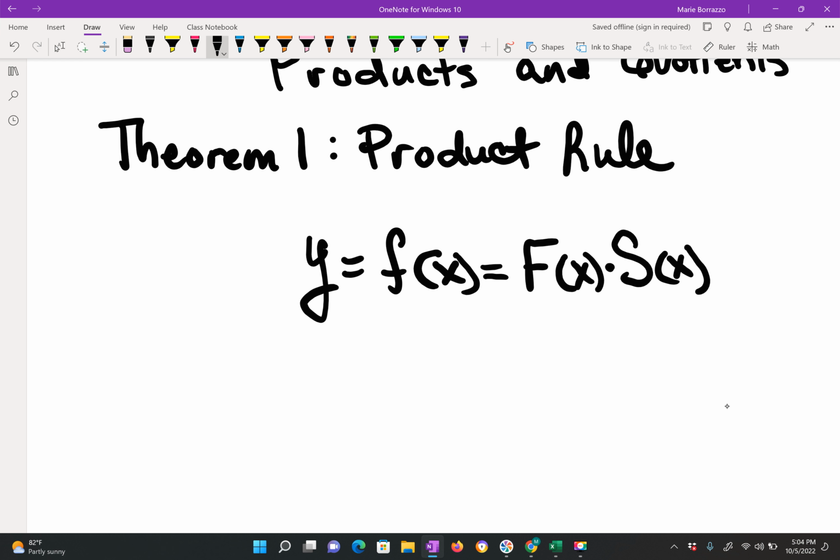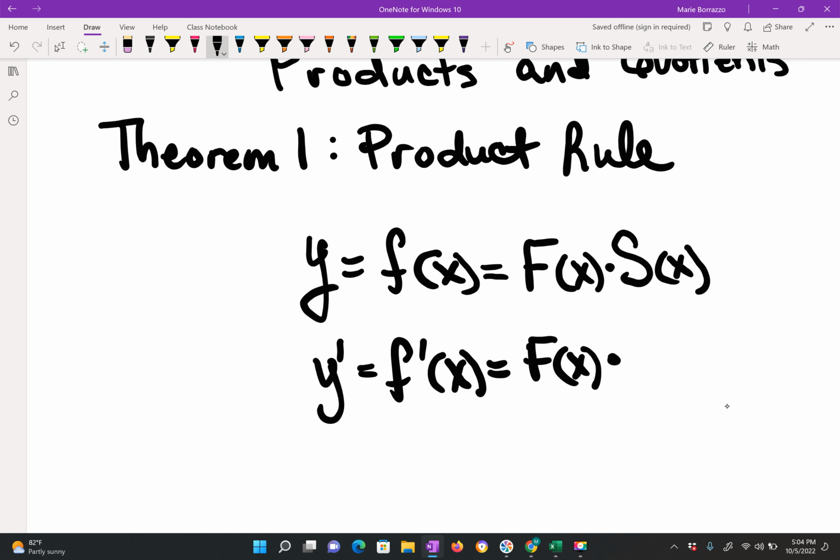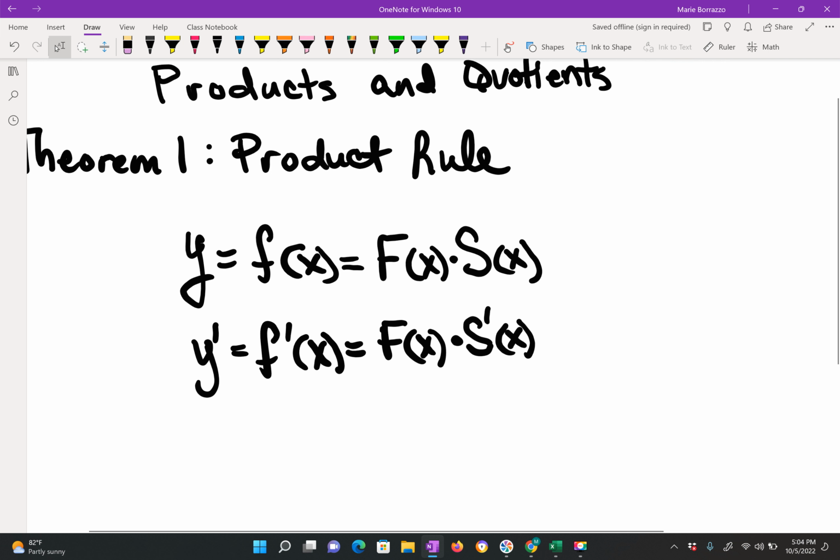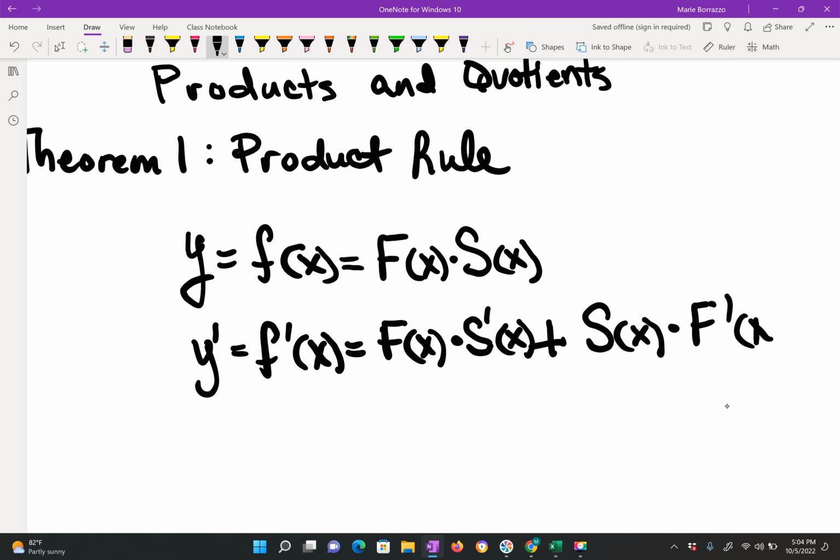So in the product rule, the way it works is the derivative of y, or the first derivative of that function, is going to equal the first term in the product times the derivative of the second term, plus the second term itself times the derivative of the first term.